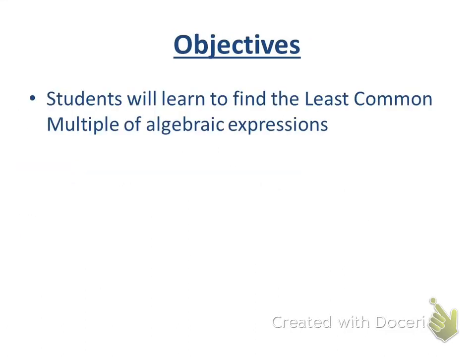57, we're going to be finding the least common multiple of algebraic expressions. Now, this is important because a least common multiple is also called what? No, it's not a greatest common factor. It's the least common denominator also, right?